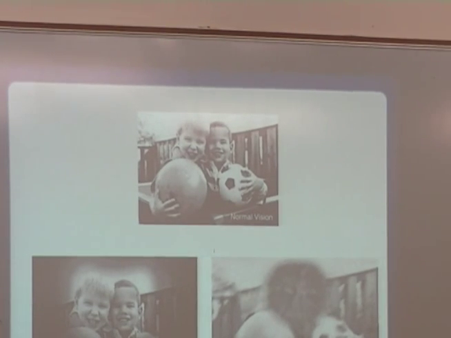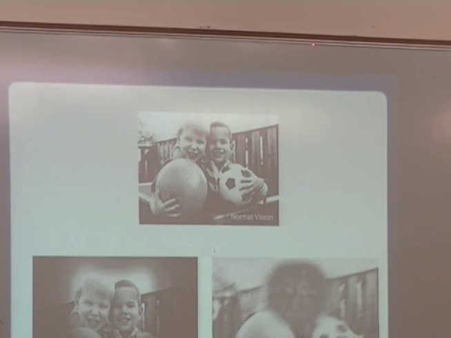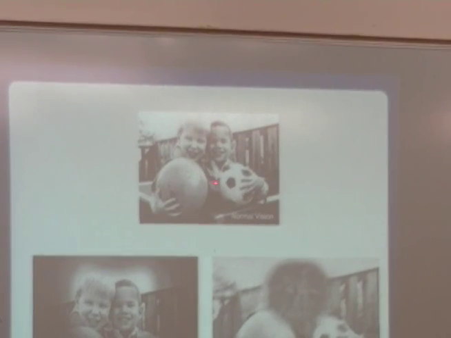Some of the visual issues that you will have to deal with, and unfortunately you do see some of these in children as well as in adults, but a lot more in adults. So the top one here, this is normal. This one is glaucoma, and glaucoma is caused by high pressure in the fluid in the eye.